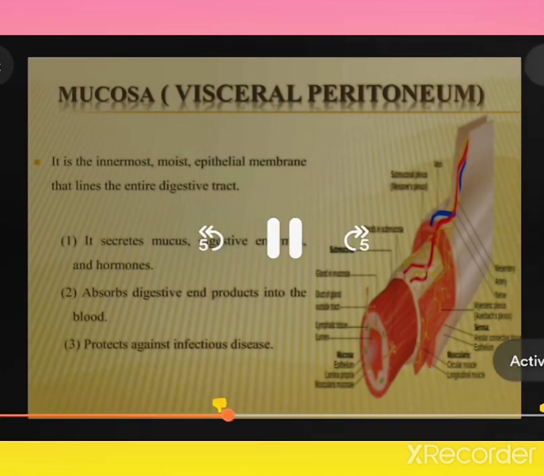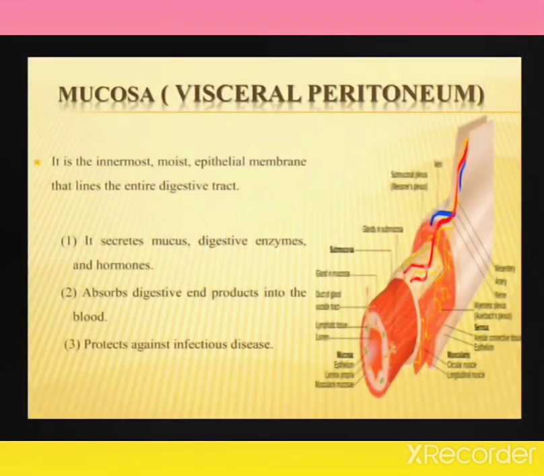Basically it secretes mucus, digestive enzymes and various hormones which all have a very crucial role to play in the digestion of nutrients. Then it also helps in absorption. It absorbs digestive end products into the blood. So the food once being digested and the nutrients being released have to get absorbed from the GI tract into the blood. So the mucosa layer also helps in that. And it also offers protection against various infectious diseases.